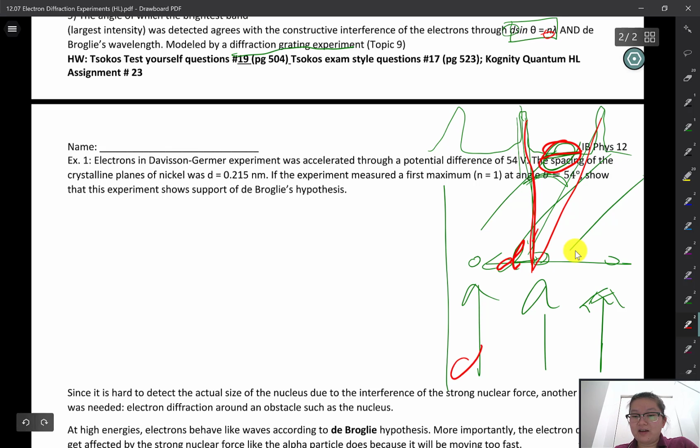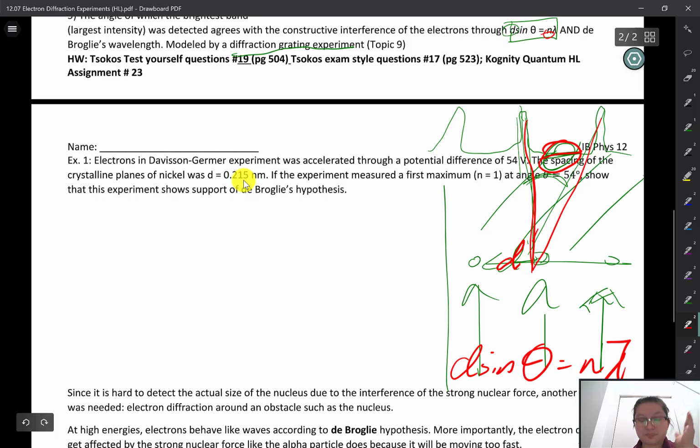So let's take a look at how this can be applied in this experiment. In his experiment, the electrons were accelerated through a potential difference of 54 volts. The spacing of these planes of nickel is this number here. So essentially we're going to use that for the slit size, the spacing of the slits. If the experiment measured the first maximum, n, at an angle of 54 degrees, show that the experiment shows support of de Broglie's hypothesis.